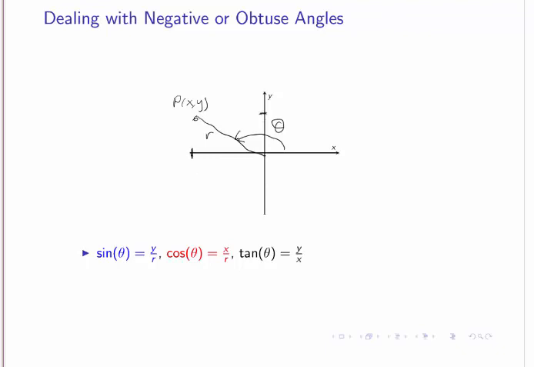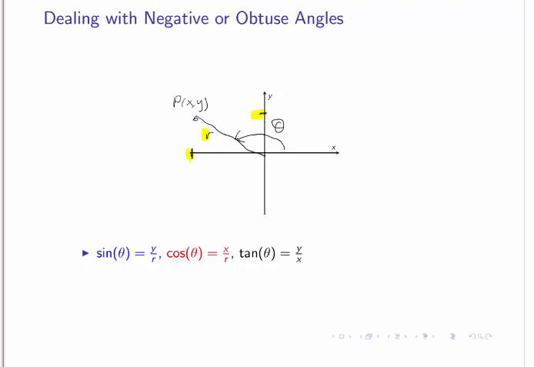The sine is the y-coordinate divided by the radius, the cosine is the x-coordinate divided by the radius, and the tan is the ratio of y over x.